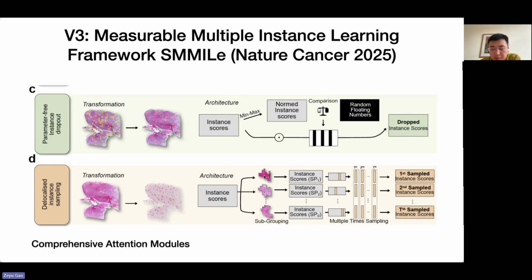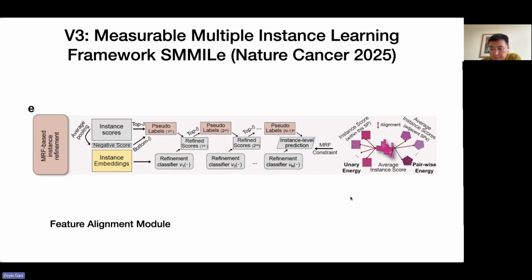We sample one patch from each subgroup and compose a new bag, and based on different new bags we retrain the whole framework to force the model to pay more attention within different pseudo bags to some of the instances with low discriminative ability.